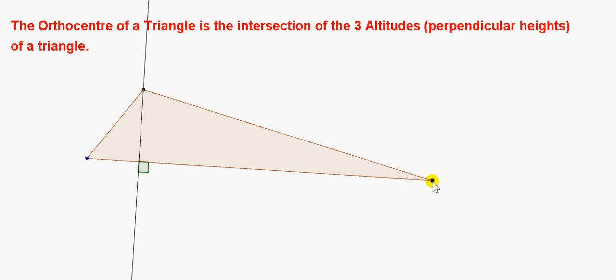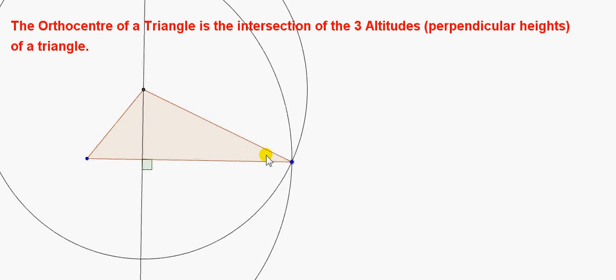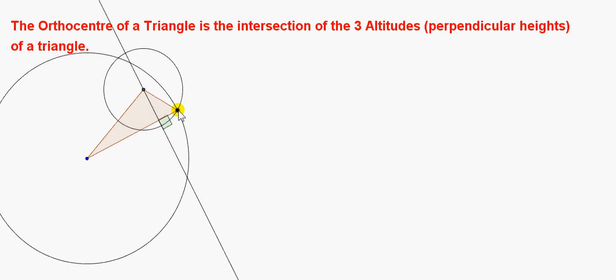So let's get the perpendicular height or altitude of this point to this side here. So we get the compass and the compass point here, extend compass to this distance, then center it at the other end point. Just resize this here.